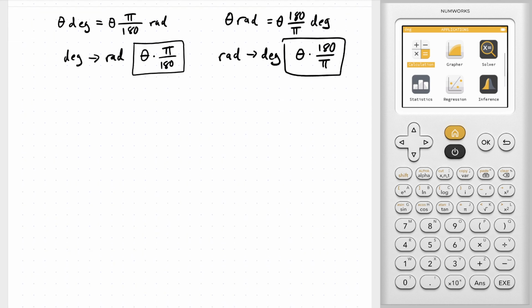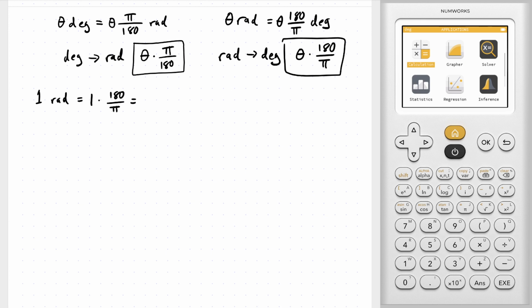Based on this, let's say we have an angle of 1 radian. Well, we know that 1 radian is equal to 1 times 180 over pi.